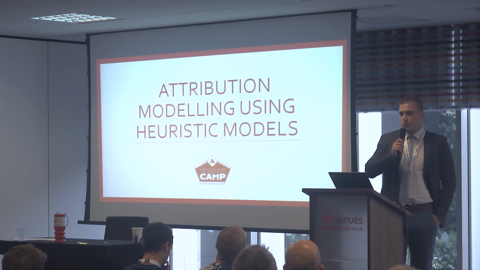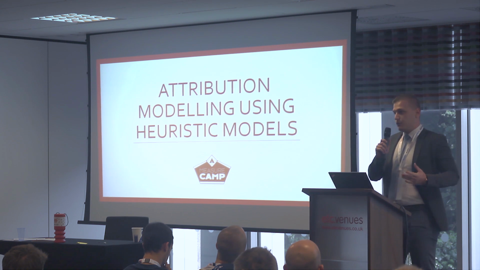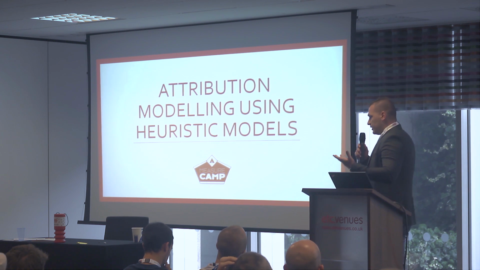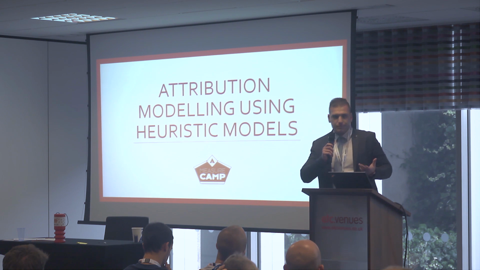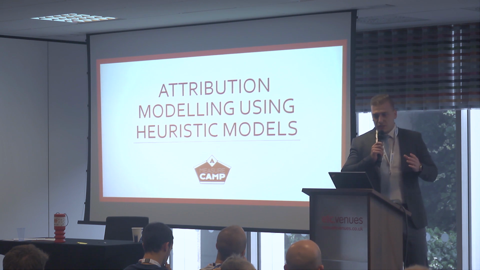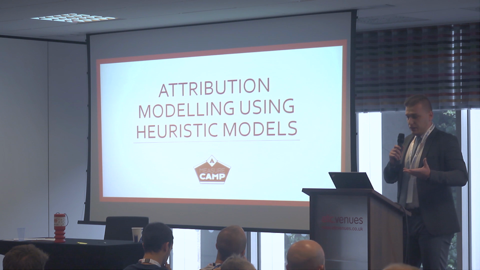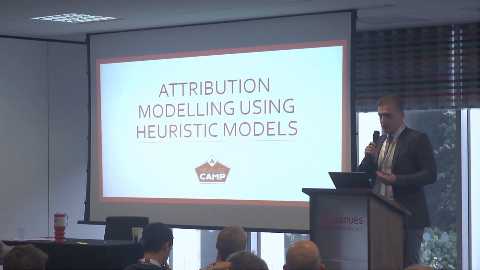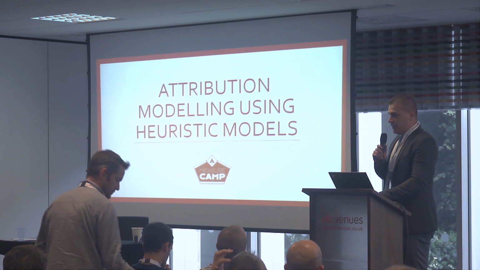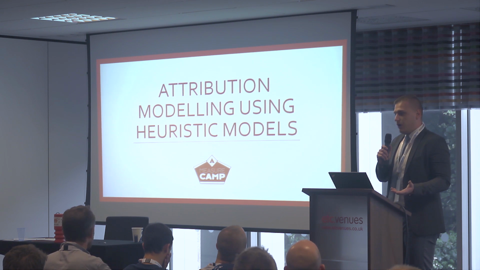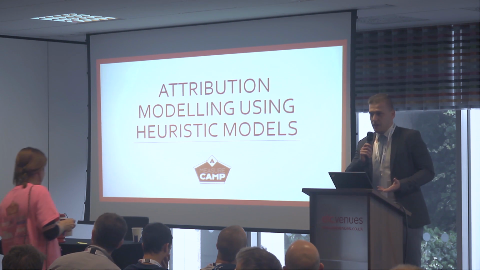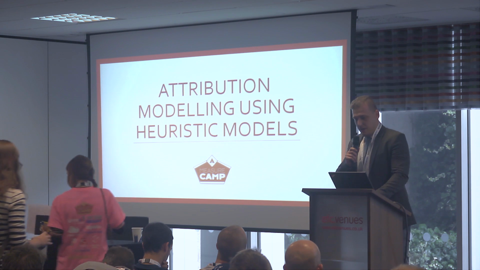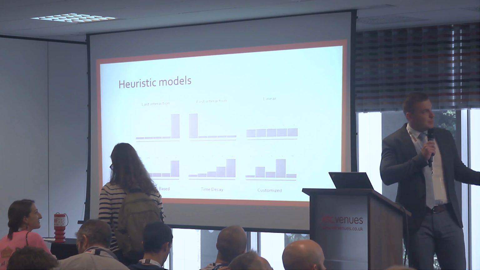Simply put, attribution models represent the set of rules that assigns credit or value to particular channels or touch points. I think that we know the heuristic models that are available in Google Analytics. So let's just review them.